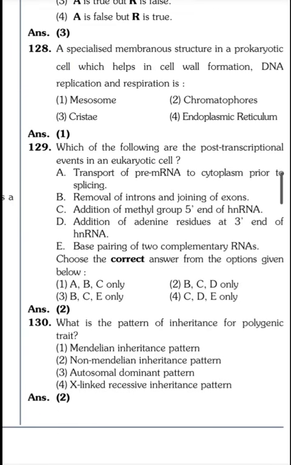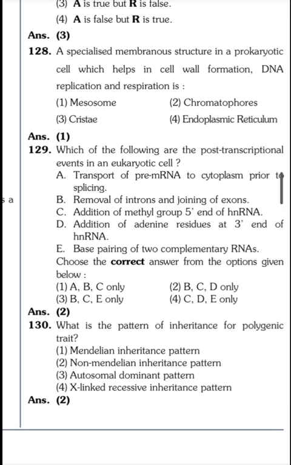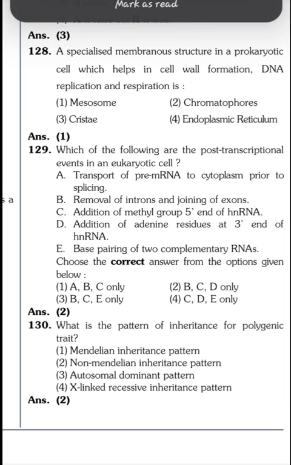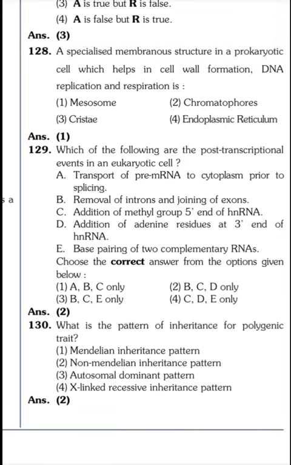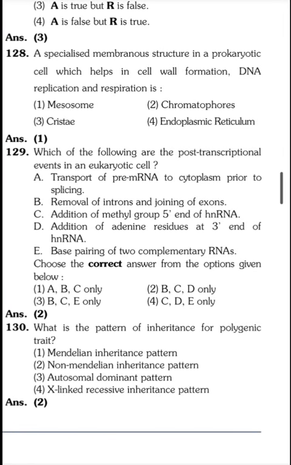Which of the following are the post-transcriptional events in a eukaryotic cell? After the synthesis of mRNA, we call that post-transcriptional processing. So what are those? Transport of pre-mRNA to cytoplasm prior to splicing, removal of introns and joining of exons. See, transport of pre-mRNA to cytoplasm prior to splicing is not a part of the process, so it is an incorrect statement.